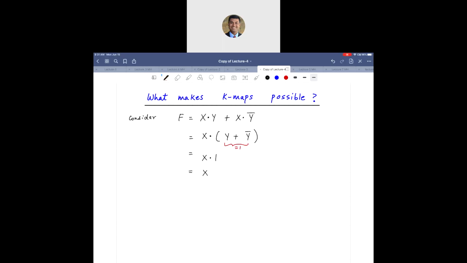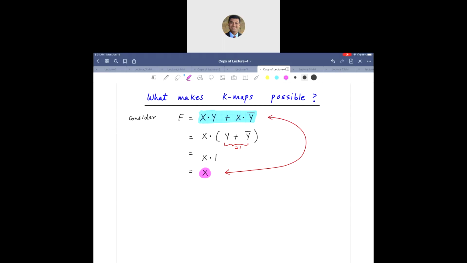Now notice what happened here. I want you guys to notice the change between the original expression and the expression that we ended up with. We started with this, and we ended up with x.